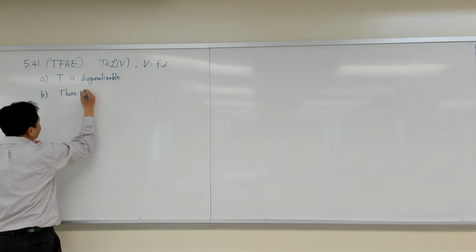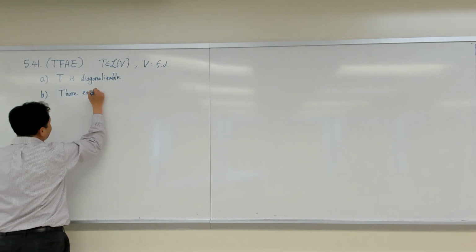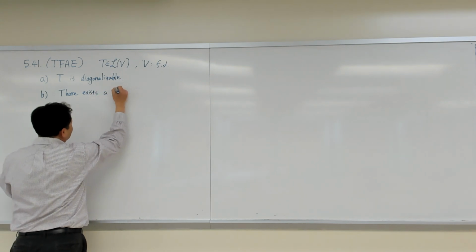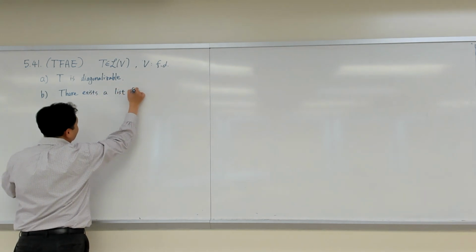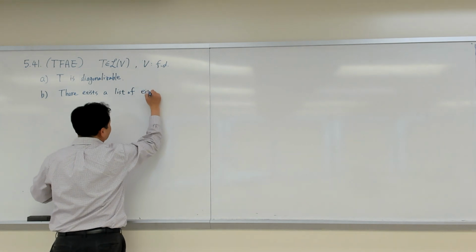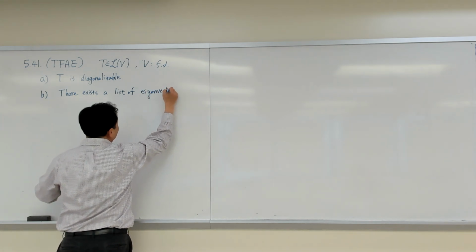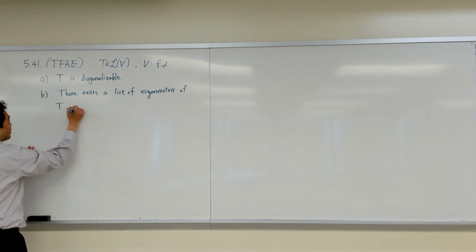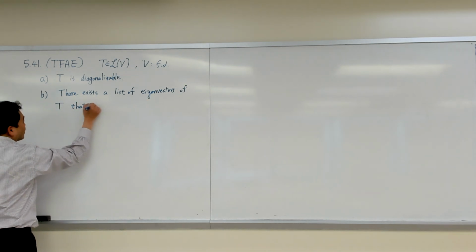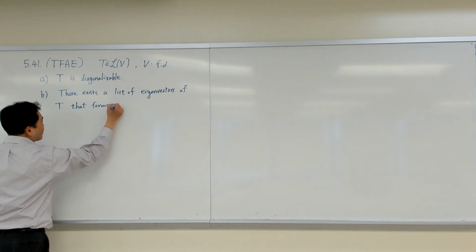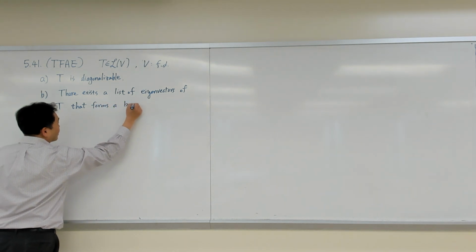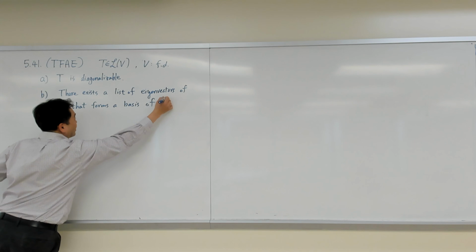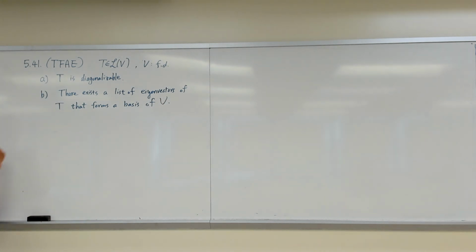There exists a list of eigenvectors of T that forms a basis of V. Okay. That's a correct statement.